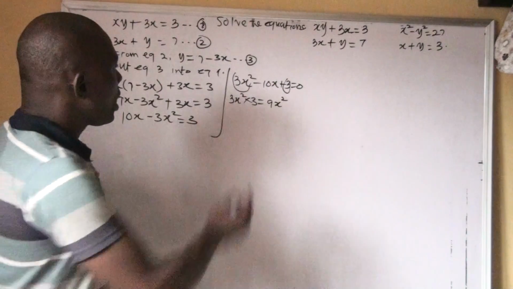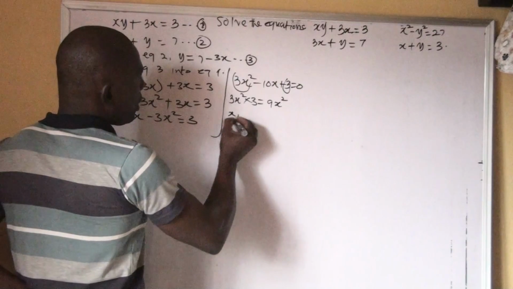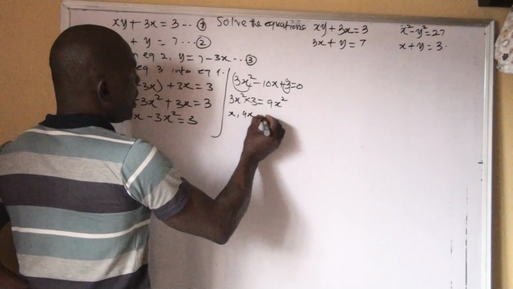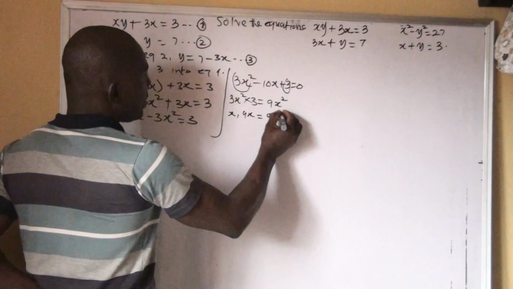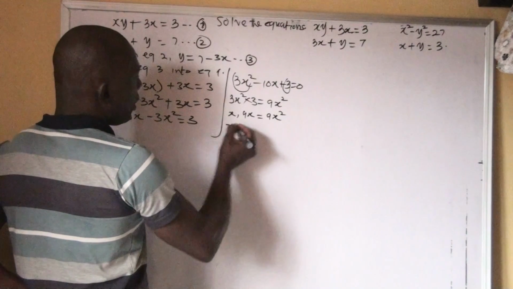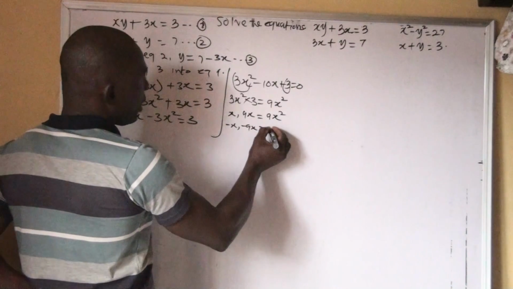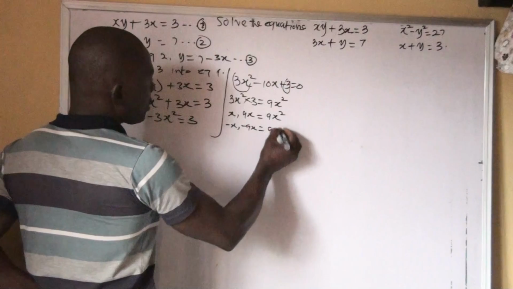So quickly, of these factors, we have x and 9x, that will give us 9x squared. We also have minus x and minus 9x, that will give us 9x squared.